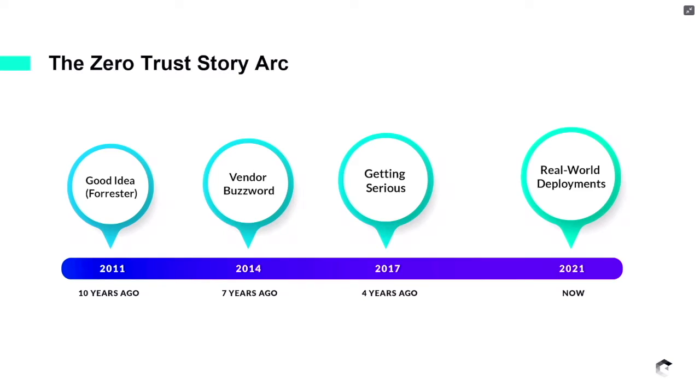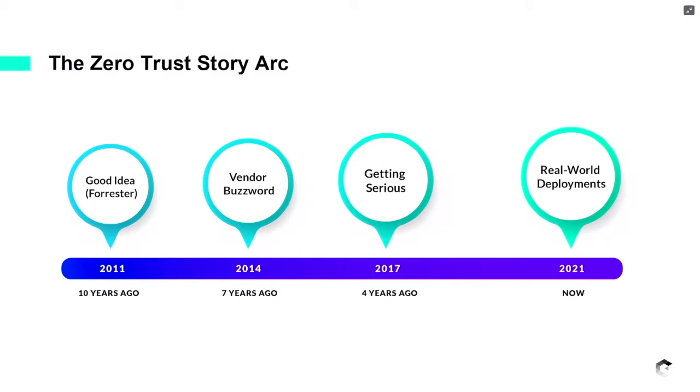So starting with Zero Trust, I'm sure that most, if not all of us, have heard Zero Trust once or many times throughout the last 10 years since it was introduced by Forrester in 2011 as maybe more of a conceptual idea, and over time it has been growing into what we want to say today is actually a real thing.